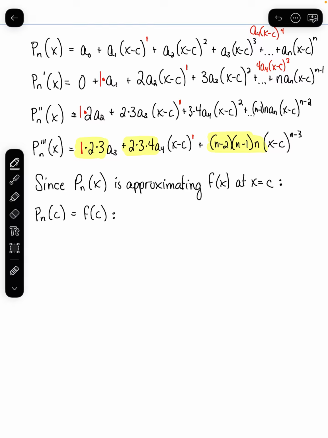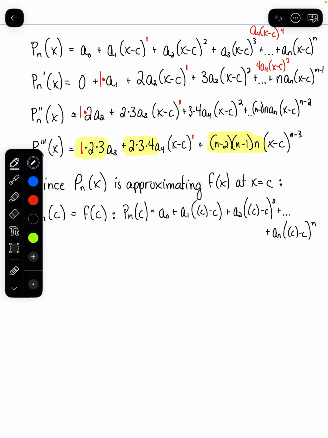Now, what we've got here is that p sub n of c is going to be equal to a sub 0 plus a sub 1 times c minus c plus a sub 2 times c minus c squared, etc., plus a sub n times c minus c to the n.